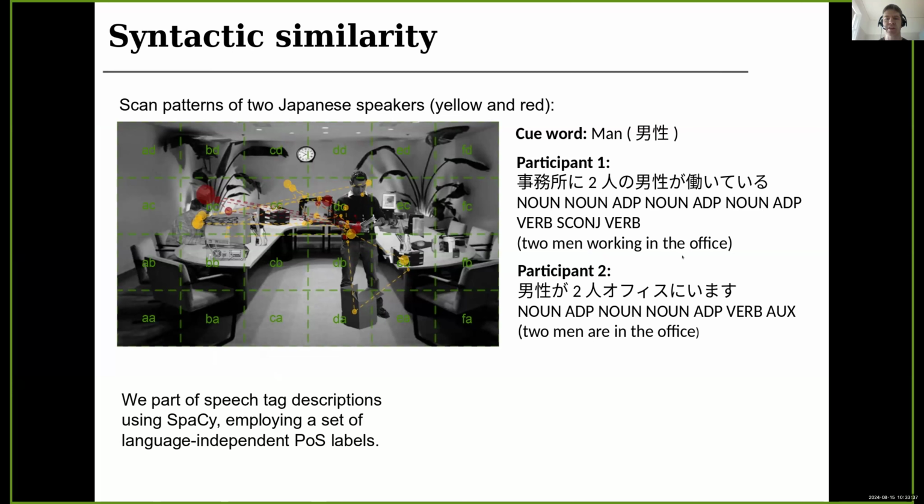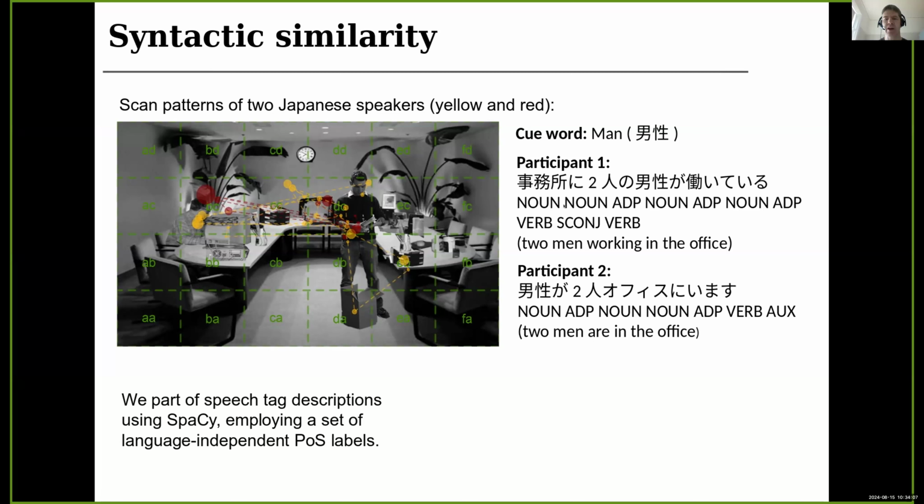And these are the two sentences that the participants uttered: two men working in the office, or two men are in the office. So they're quite similar. And to measure the syntactic similarity, we just turn them into sequences of parts of speech. We use spaCy. spaCy again is multilingual, can be applied to Japanese, Portuguese, English, other languages of course, and uses the same part of speech tags for these languages.